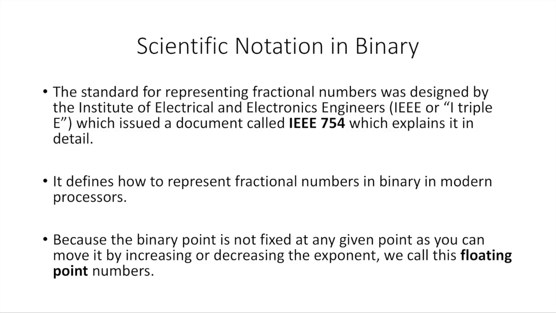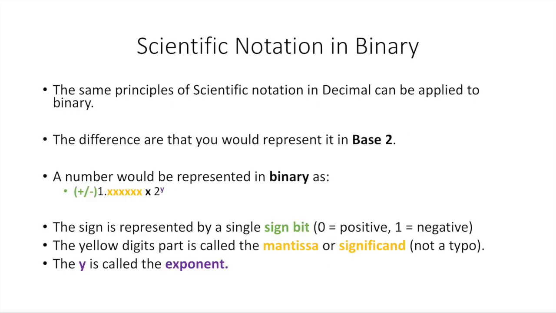Now there's a very important thing to understand here, and let me show you the previous slide. The way the number is represented here means that if we were to represent it in fixed binary point notation, the thing we saw earlier where the binary point does not move and is in the same spot all the time, we would have to convert this number. The digits in yellow, the significant digits or the mantissa, would be in a different spot.